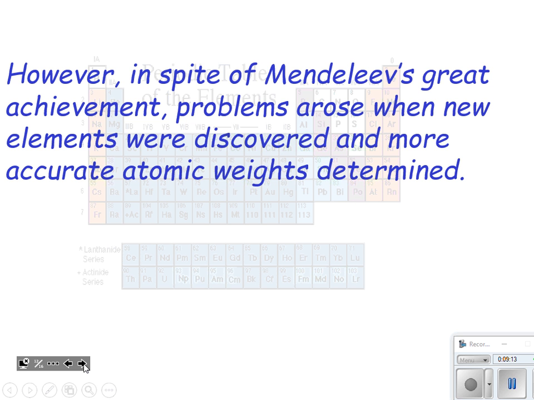Still, there were problems with new elements and the atomic weights. Okay? When Mendeleev said these weights are wrong, they were still coming up with problems based on those weights. Argon and potassium were a couple of those.